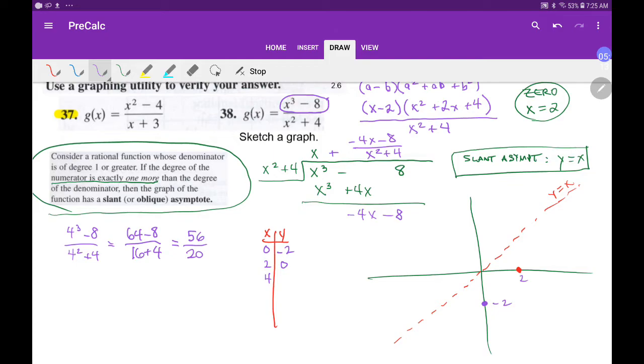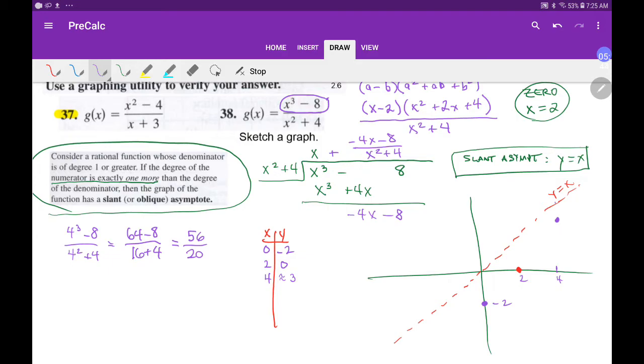What is that about? It's almost 3. So we'll say almost 3 at 4. So here's 4. And when x is 4, this line is 4. So I'm going to be a little less than the line, right? So we'll say right about there, something like that.